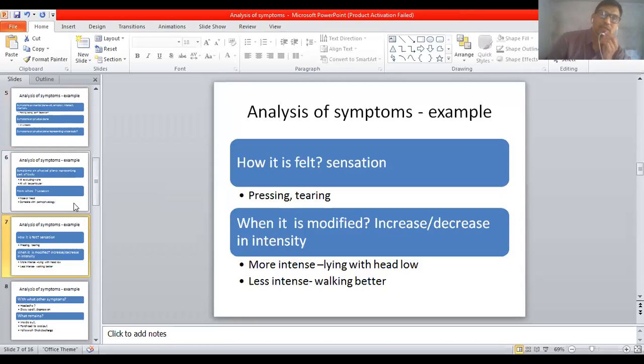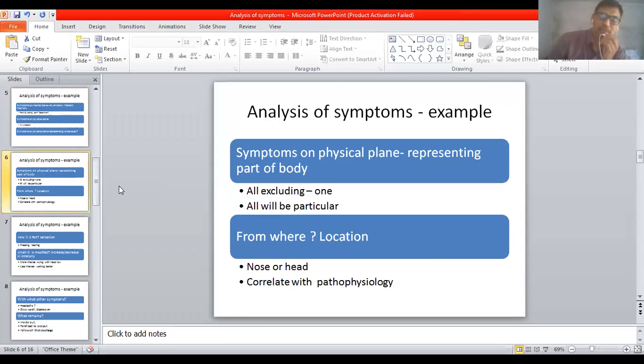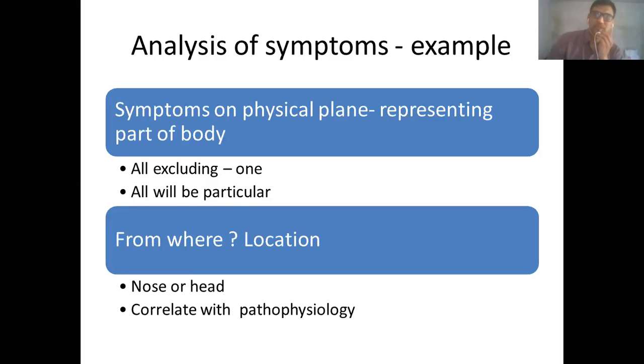And in that, we came to the conclusion that there is only one symptom which is referring to the whole body, that is thermal state chilly, and the rest of the symptoms belong to the part.